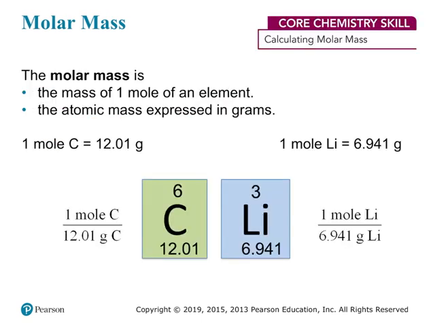So again, the molar mass is the mass of 1 mole of an element, and the atomic mass is expressed in grams instead of atomic mass units. So 1 atomic mass unit is equal to 1 gram per mole. So we can use those interchangeably.